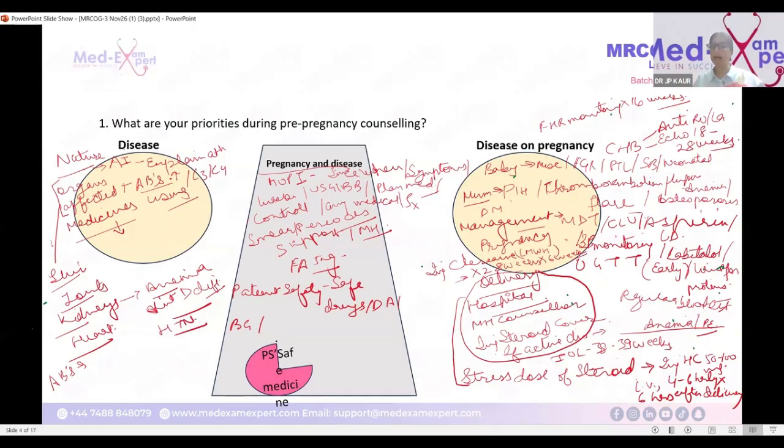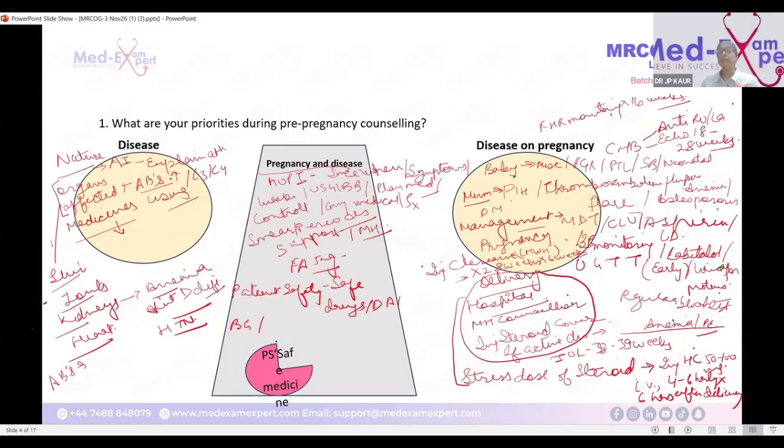So safe drugs, drug allergy, blood group, this comes under patient safety. You'll ask about it. You'll also check about any drug, smoke, alcohol, any addiction. So this is how you will be moving forward for the pre-pregnancy counseling.